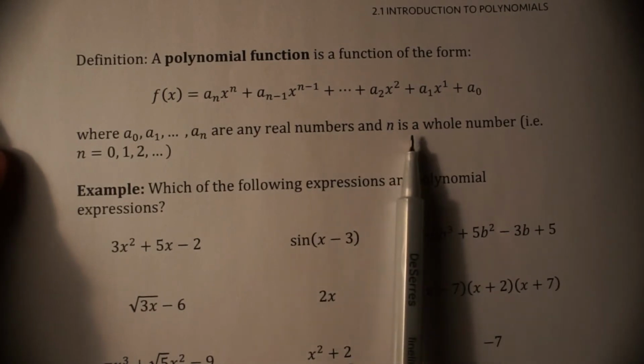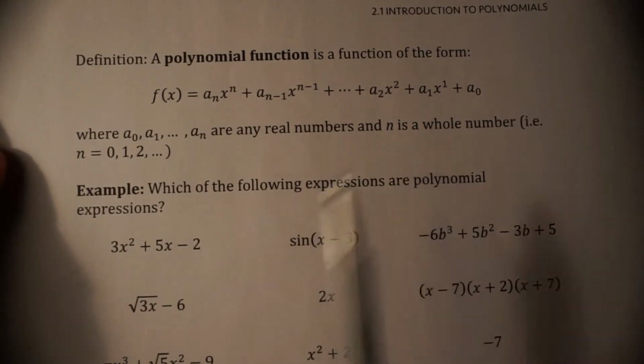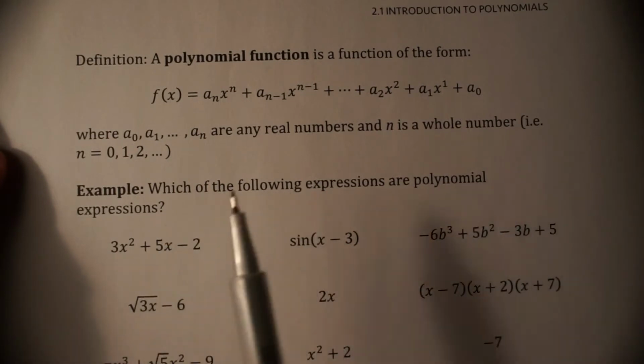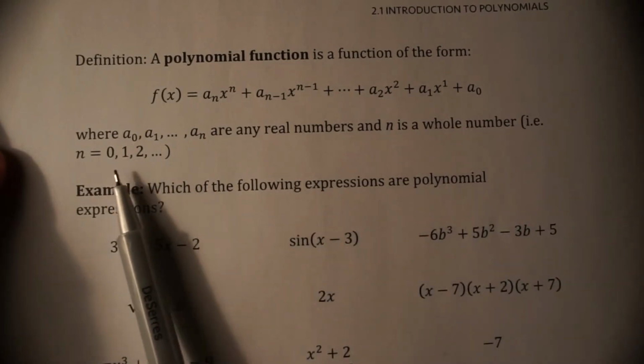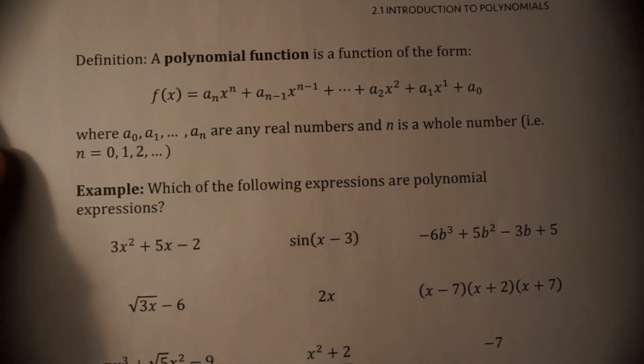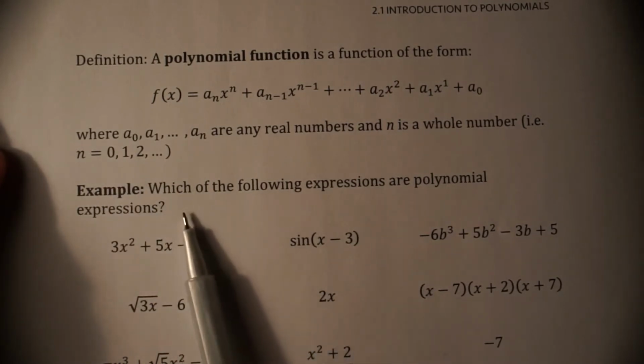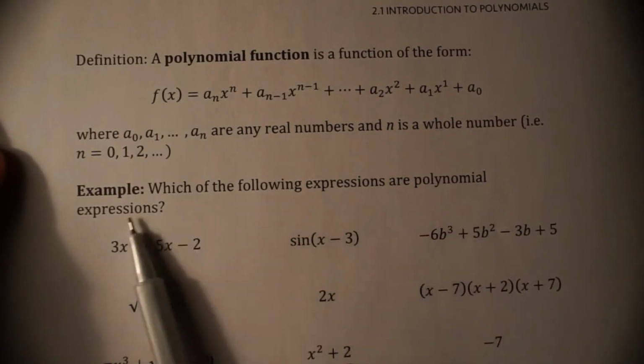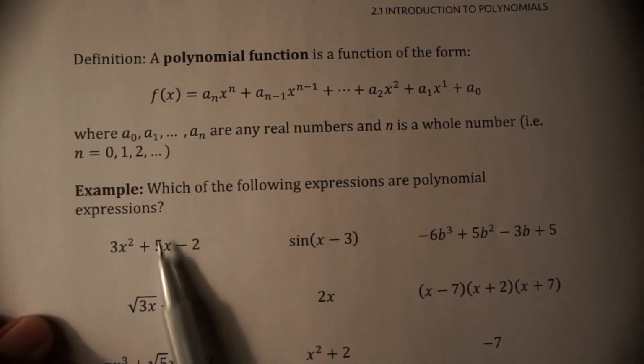That means it's an integer, a whole number like 1, 8, 4, but no negatives. So all positives, or potentially 0. 0 is allowed as well. So which of the following expressions are polynomial expressions? Well, let's move that up a little bit.